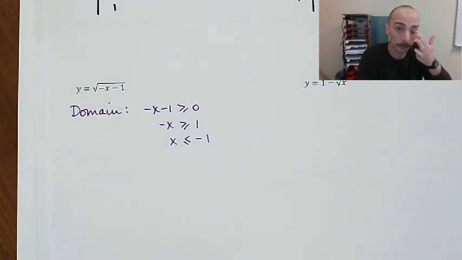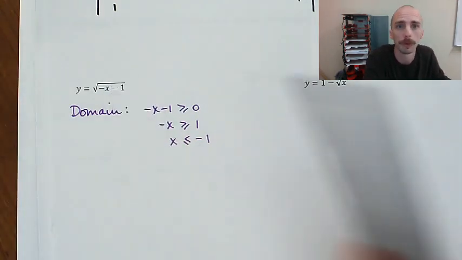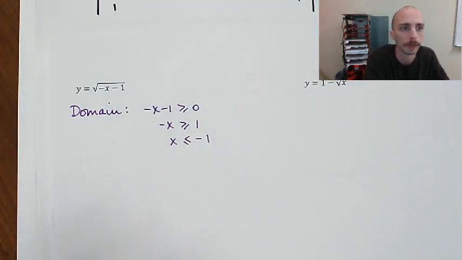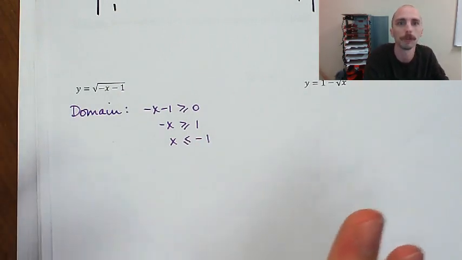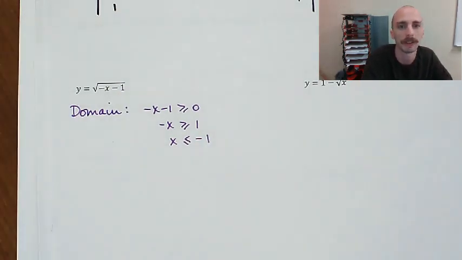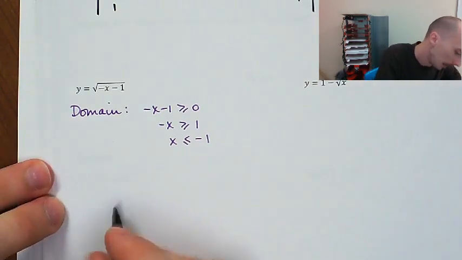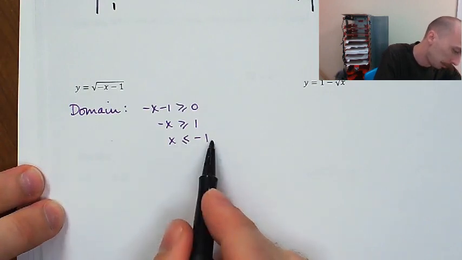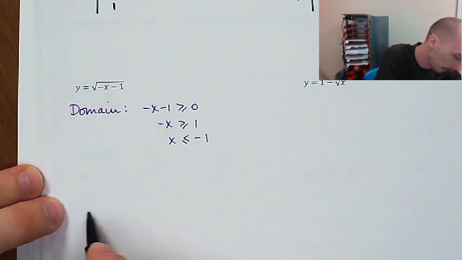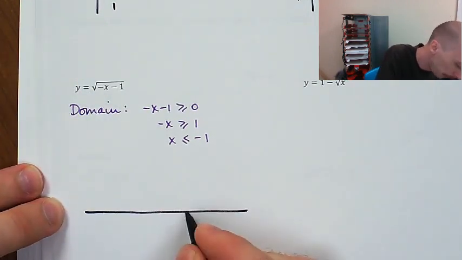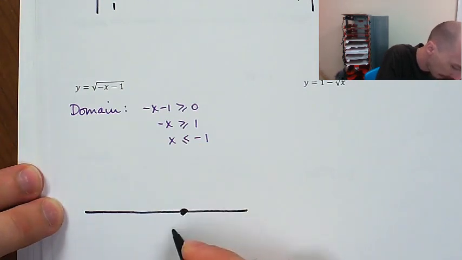Then the range is still just a square root, so it's going to be y is greater than or equal to 0. Because it's the positive square root, and at the very least, it's going to be taking the square root of 0 if x is, say, equal to -1. You can see that. If x is equal to -1, I'm taking the square root of 0, and that's 0. So maybe I'll say that's -1.